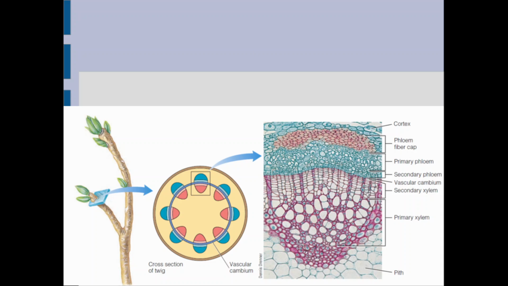So this is a vascular bundle. If you increase in size, you will see the pith, primary xylem, secondary xylem, and then the vascular cambium. Then secondary phloem, primary phloem, and phloem cap and cortex.